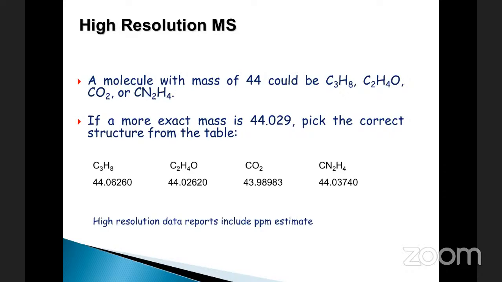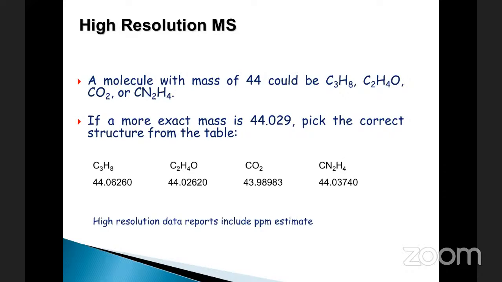Now when you use the monoisotopic mass of these atoms, for carbon it is 12.0000. For hydrogen, it is 1.007825. For oxygen, it is 15.9943, I think. And for nitrogen, you also get the accurate mass.